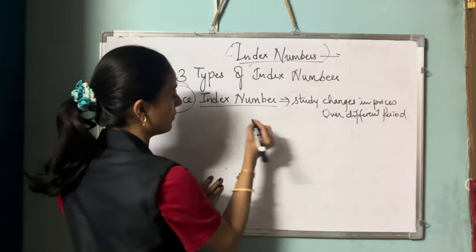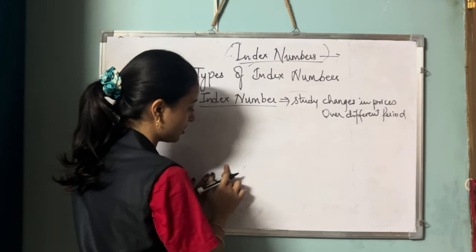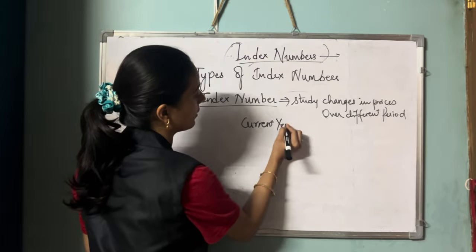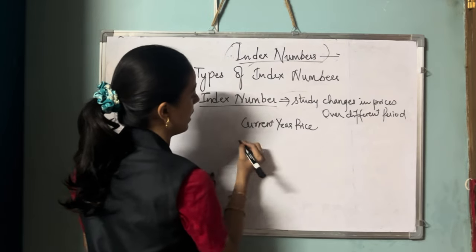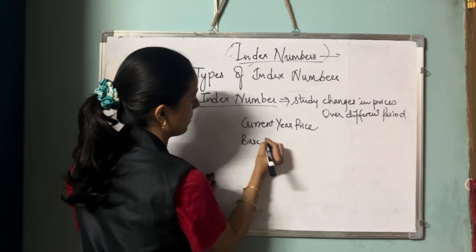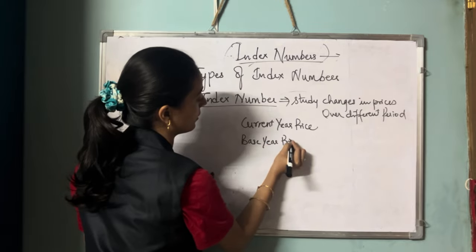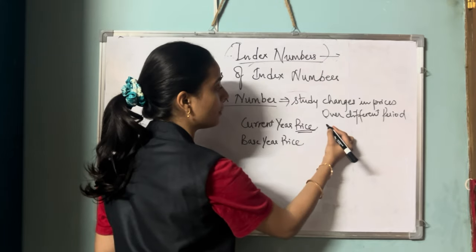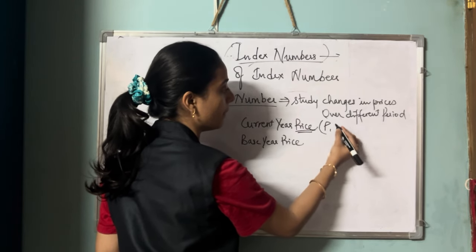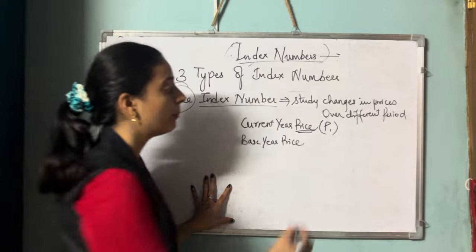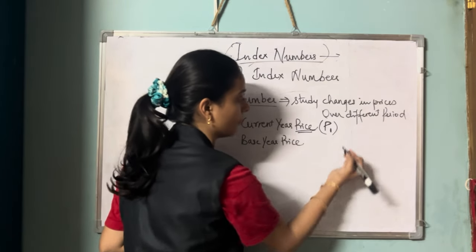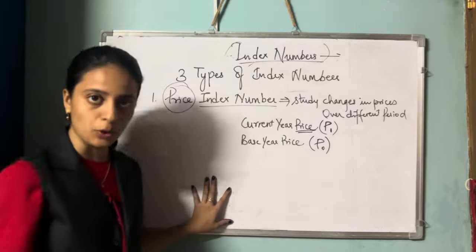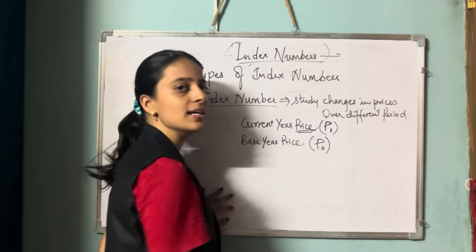Okay, so here also we will take two things into comparison, right? So one is current year price and one is base year price. Always remember, current year price is denoted by P1, and base year price is denoted by P0.